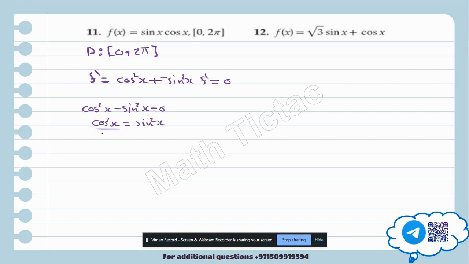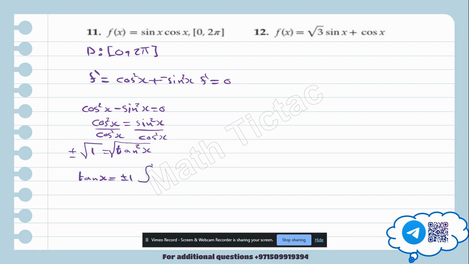Now divide by cosine square x and divide by cosine square x. That will give you 1 over here, and sine square over cosine square is equal to tan square x. Now take the square root of both sides, then don't forget the positive negative, so tan x is equal to positive negative 1.